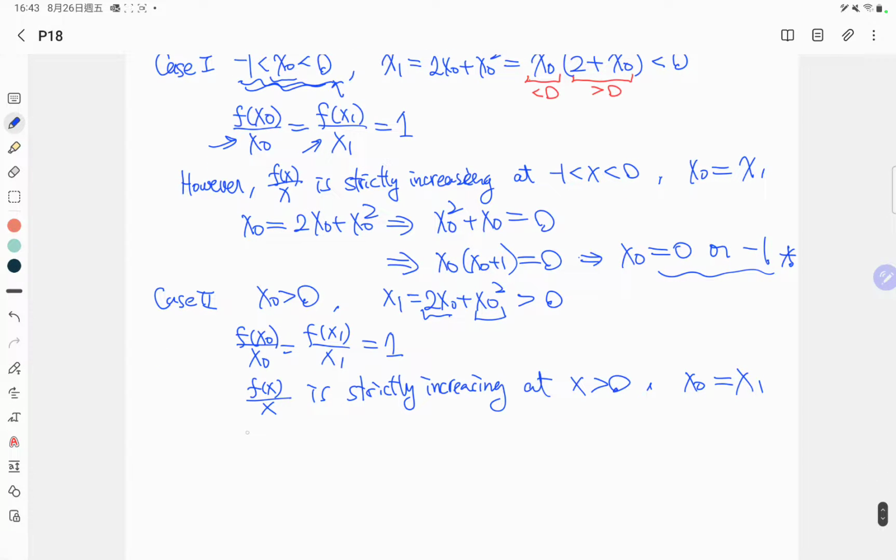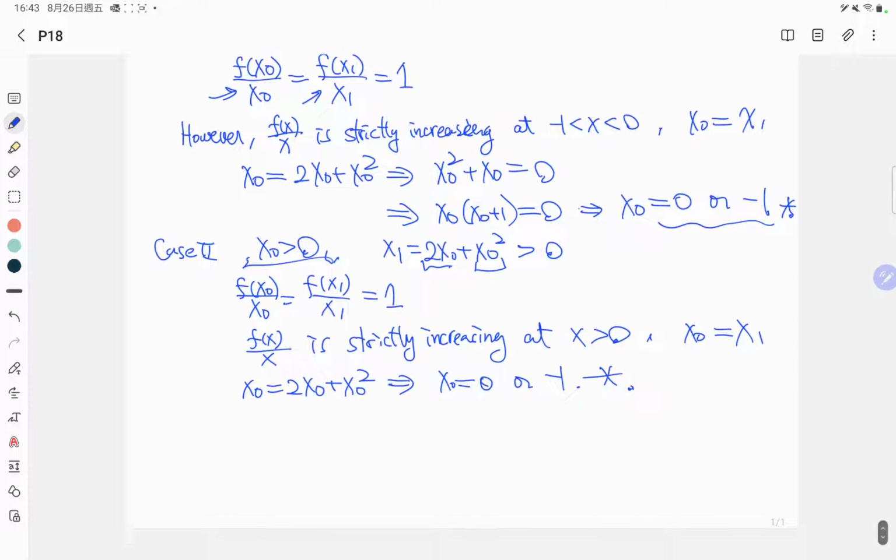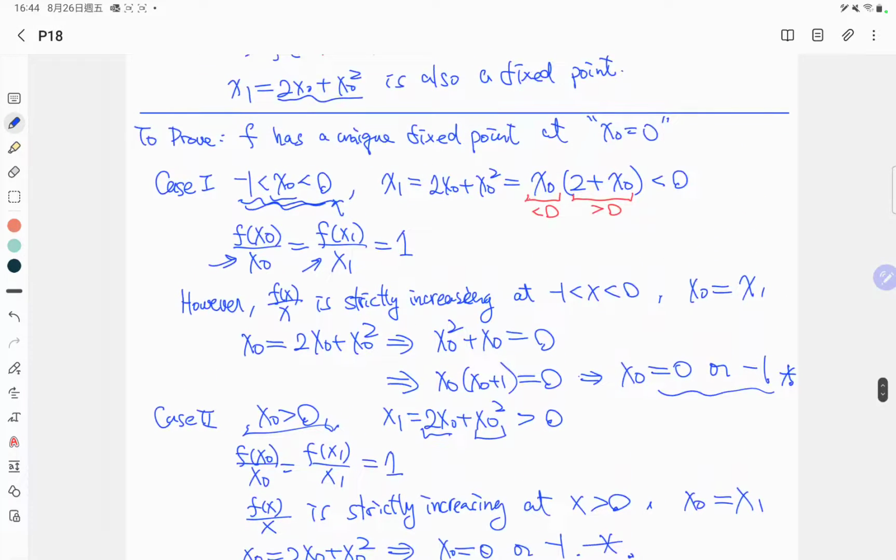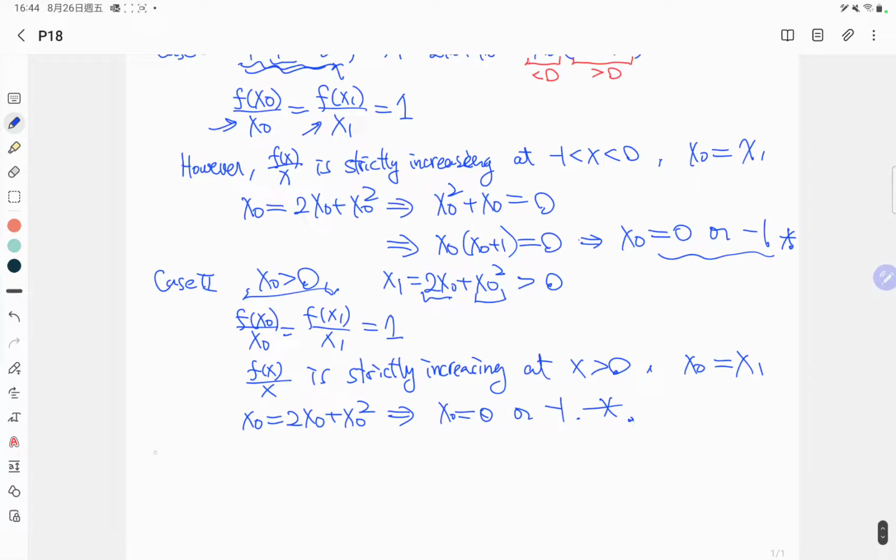Using a similar argument, we can say that x sub 0 equals x sub 0 plus x sub 0 squared, which implies that x sub 0 equals 0 or -1, which is also a contradiction because we assumed that x sub 0 is a positive number. So we prove by contradiction that f has a unique fixed point at x sub 0 equals 0.